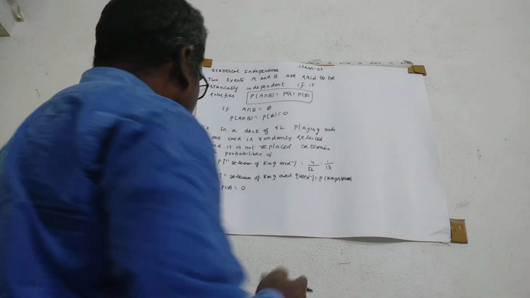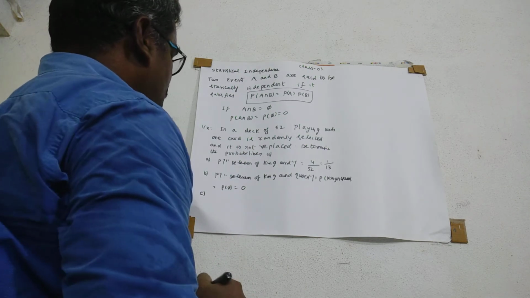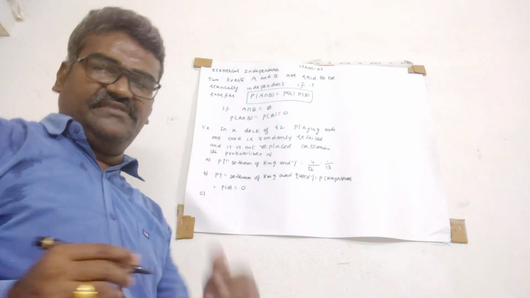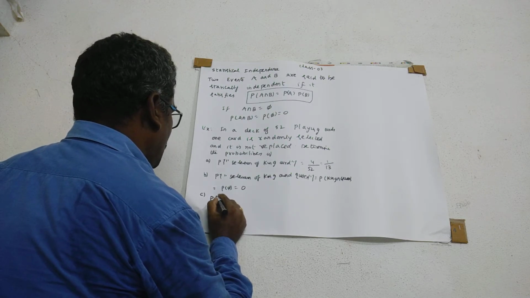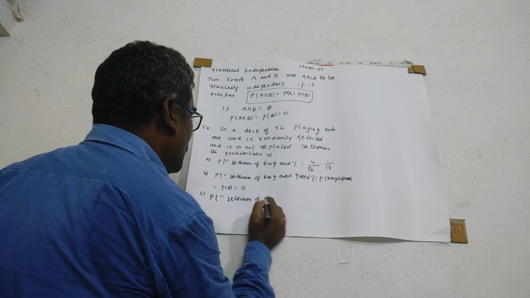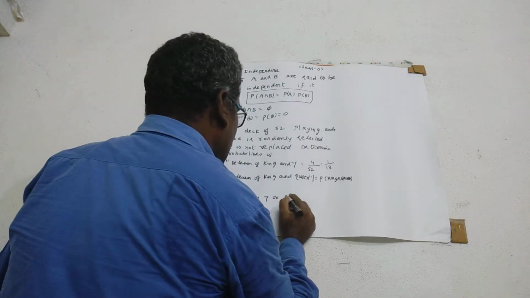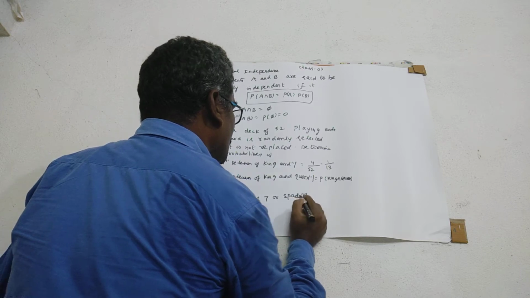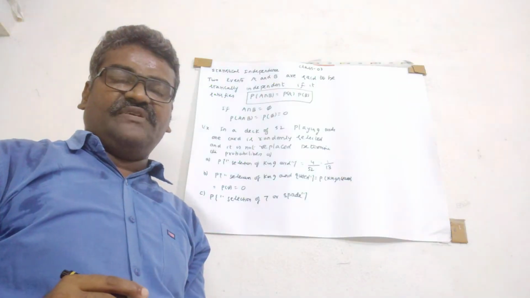Next question. We have to determine the probability of selection of a card numbered 7 or a spade. Here in this step we need to apply the law of addition of probability.